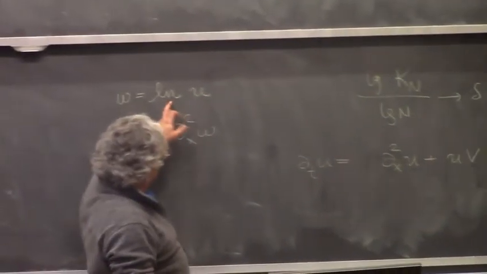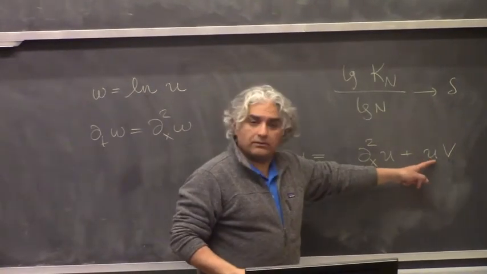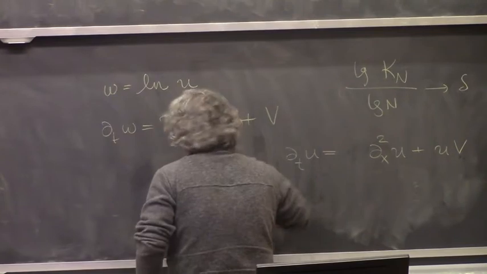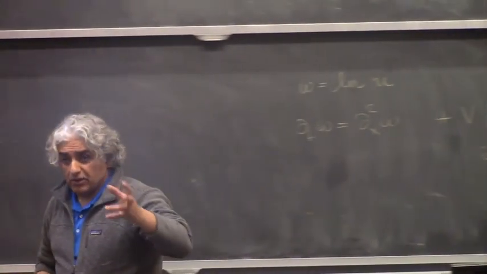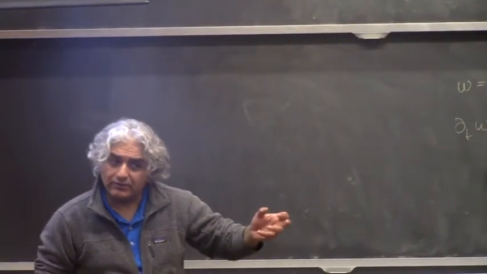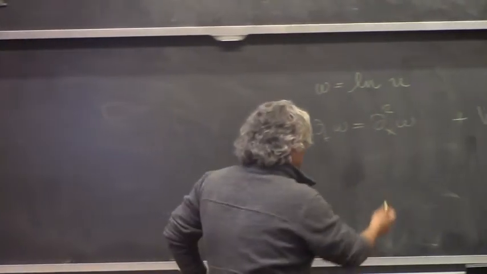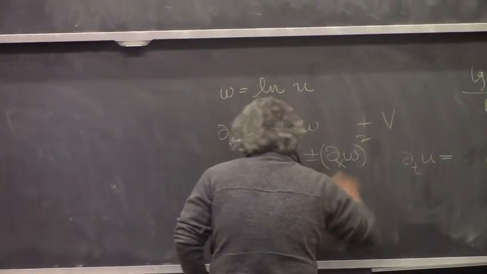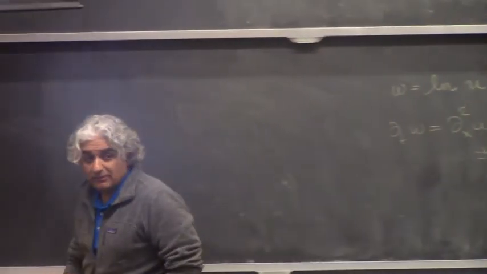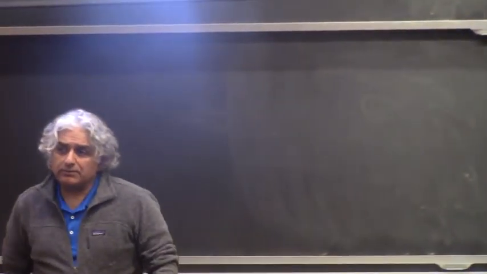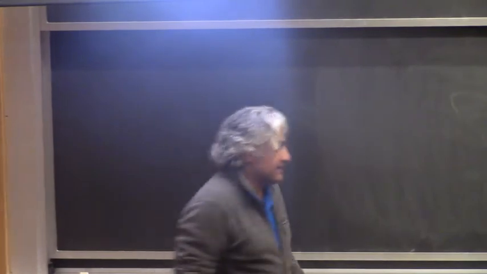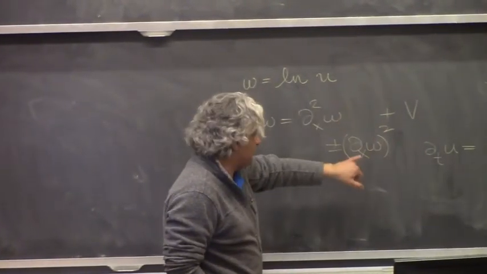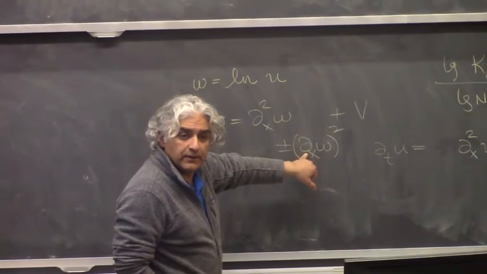But then what log does is it removes the U here and just gives you a pure additive noise, which is very nice. The cost is it gives you a nonlinear term, which is plus or minus, I don't remember which, the gradient squared, which is a very important point. Now you see what the problem here is: there's no obvious way of giving meaning to this.